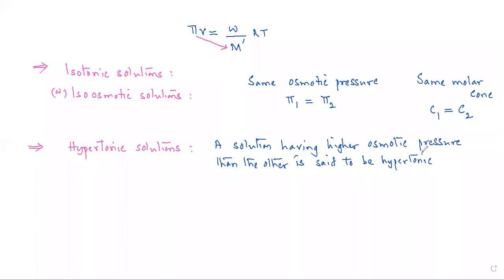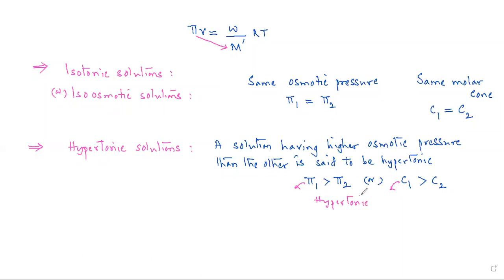In this case, pi 1 is greater than pi 2 or C1 is greater than C2. This is hypertonic.